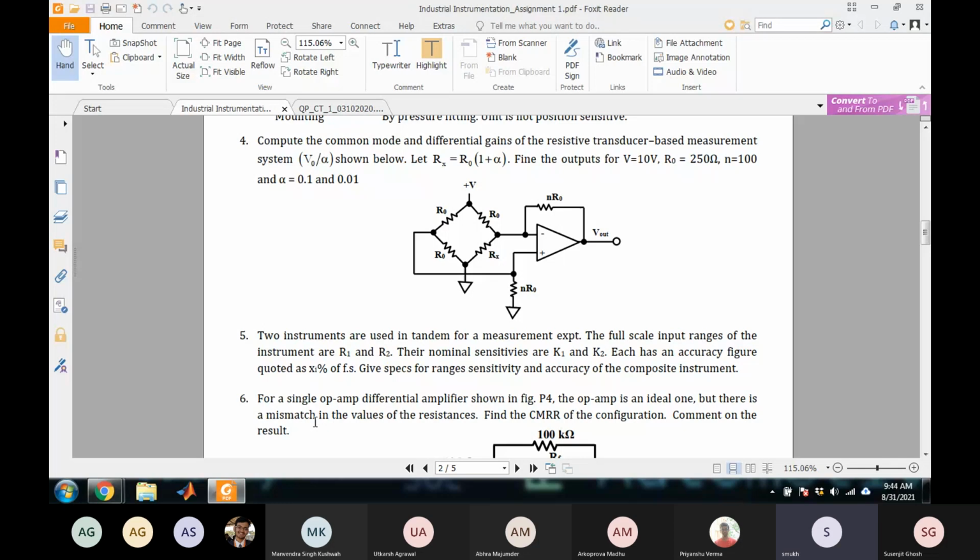Either you replace the bridge by its Thevenin equivalent. You can write KCL, KVL also, but that's a bit naive at final year; a second year student can do that. So how will you get the gain?